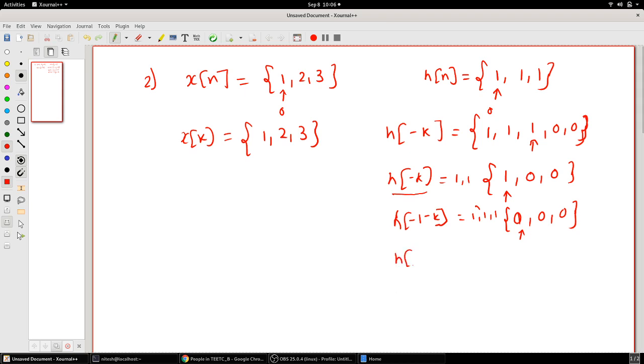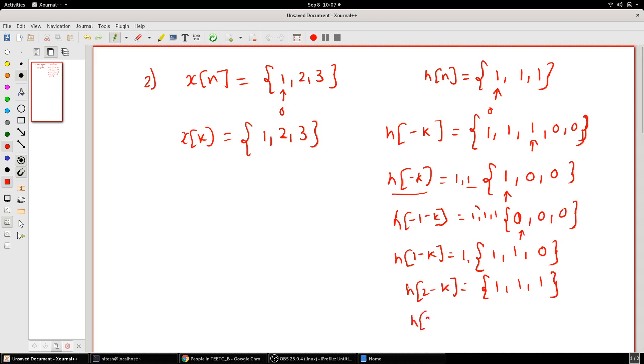Now h of 1 minus k will be the shift of this into inside it, 1 waiting outside, and 1, 1, 0. Then h of 2 minus k, there is no one waiting outside, these are all zeros, so 1, 1, 1.